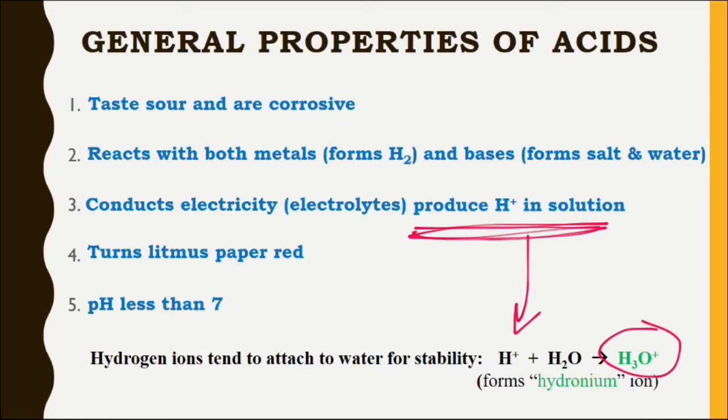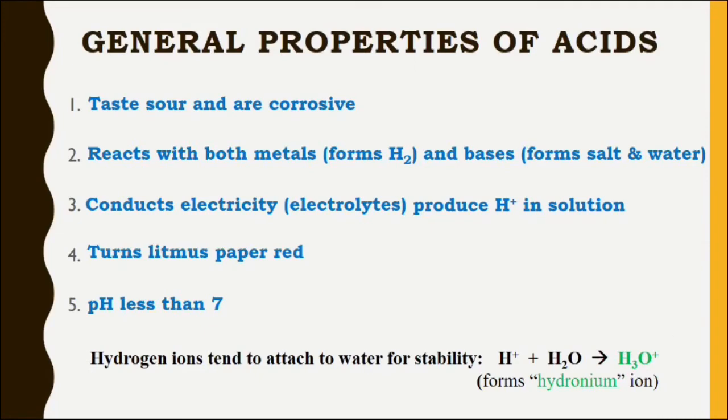It's going to grab onto there and be more stable because of it. So this whole unit, anytime we're talking about producing H pluses or finding the concentration of H pluses, we're technically finding the concentration of these hydronium ions. It's just a little simpler to think of them as those H pluses, since that's what's actually coming from our acid. So those are our 5 fundamental facts about acids.